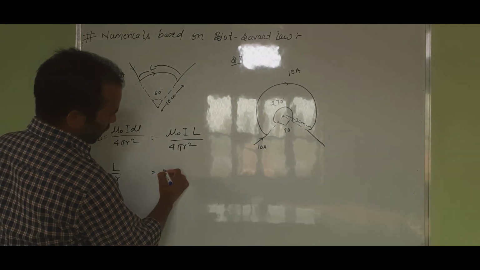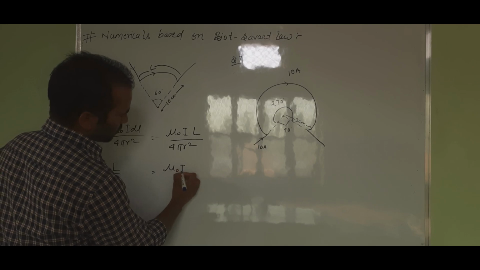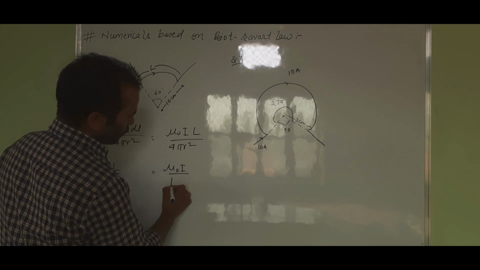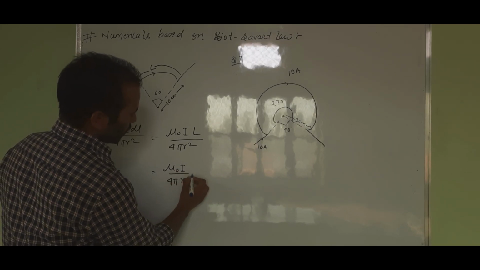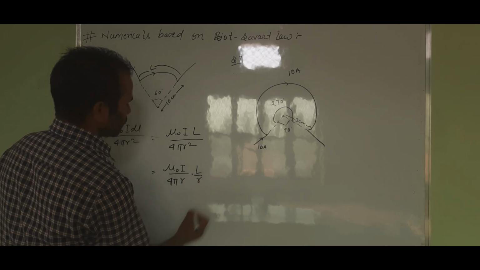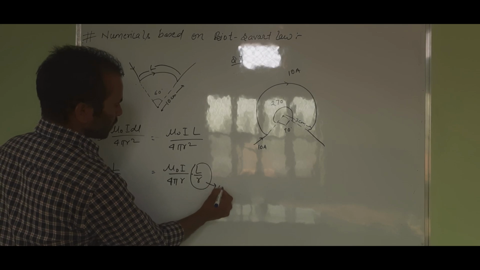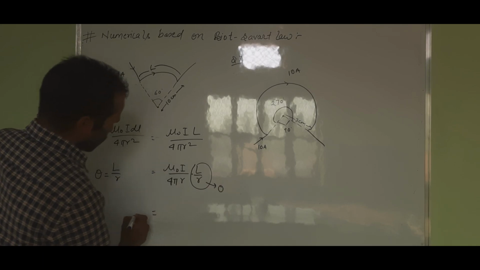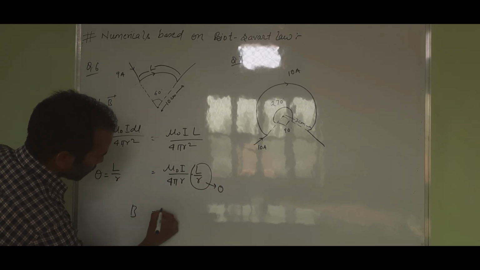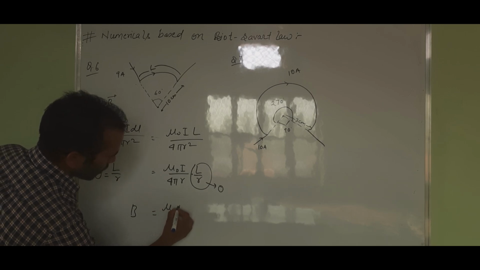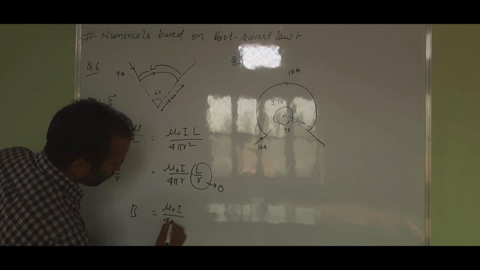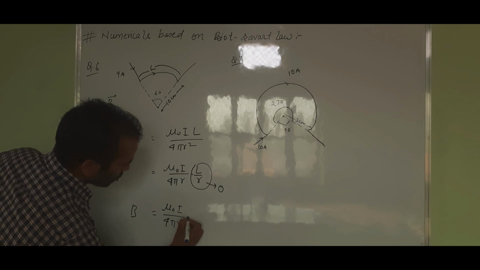So I can write the expression as mu naught I upon 4 pi r into L upon R, where L upon R is nothing but theta. So the expression becomes B is equal to mu naught I upon 4 pi r into theta.